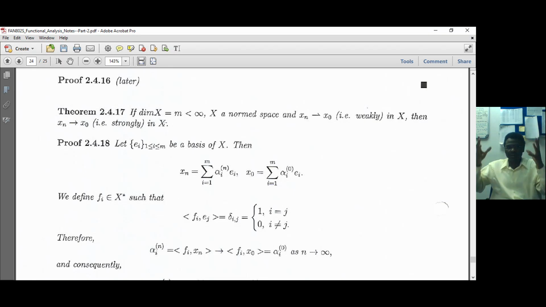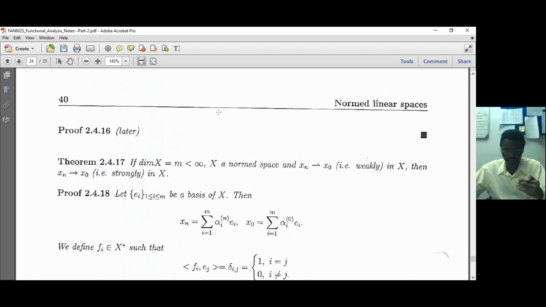In an infinite dimensional space, we saw that the converse is not true. If we converge for the weak topology, we will not necessarily converge for the strong topology. But if we are in a finite dimensional space, the two are equivalent. You know already that strong topology implies weak topology, but here we have the converse, that weak topology implies strong topology. So the two are equivalent.